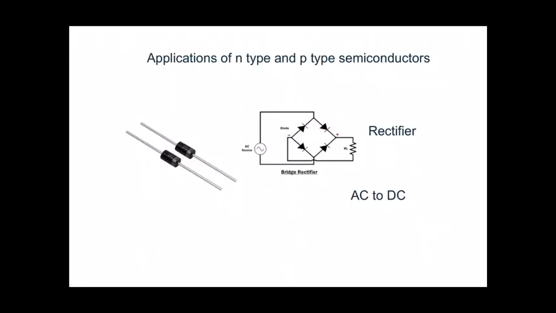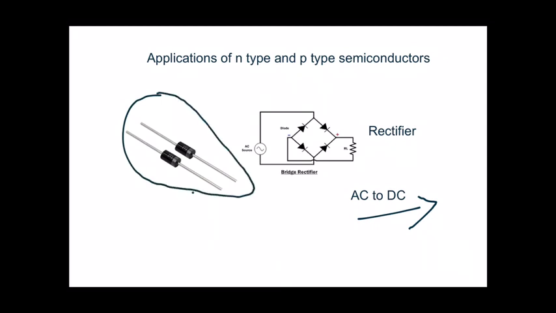Next, we can see the applications of N-type and P-type semiconductors. They are used in diodes, which act as rectifiers. What are rectifiers? They convert alternating current to direct current. So N-type and P-type semiconductors can be used to make a diode. This is a diode.